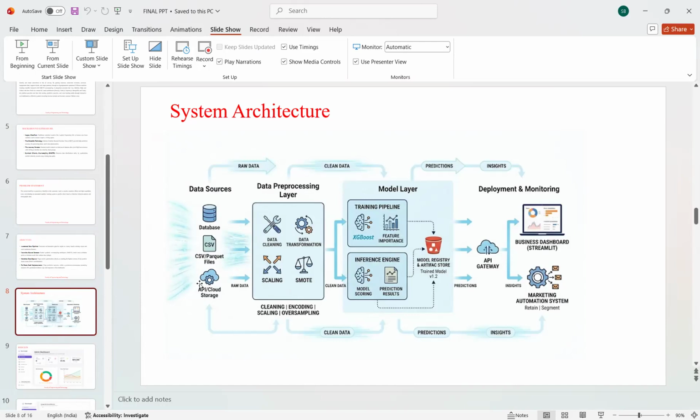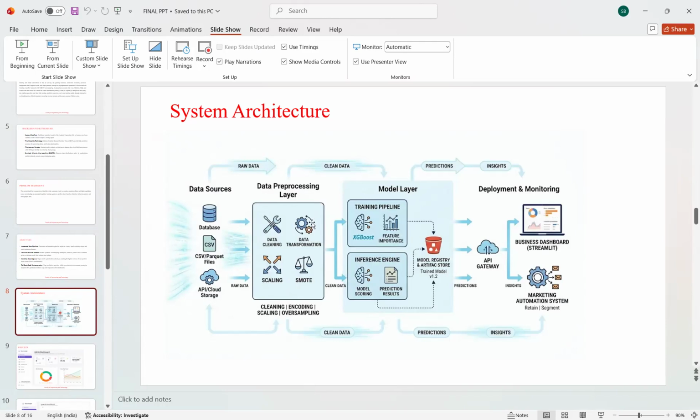Next one will be the data preprocessing layer. Raw data usually contains missing values, duplicate records, inconsistent formats, and class imbalance. Therefore, preprocessing is necessary. First comes data cleaning. Here it removes missing values, duplicate records, invalid entries, and incorrect formats. For example, if a customer's age is missing, it is replaced with the average age.